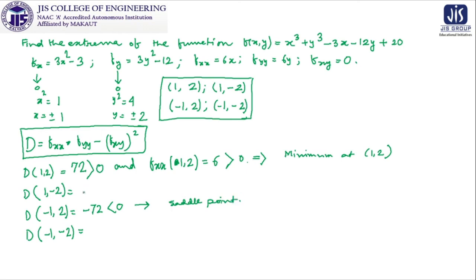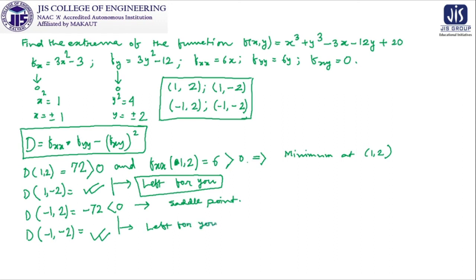I can calculate the rest now, but I am keeping this calculation left for you, because it is merely a calculation and comparing the result with the decision we have taken prior to this slide about the type of the critical points and the corresponding value.